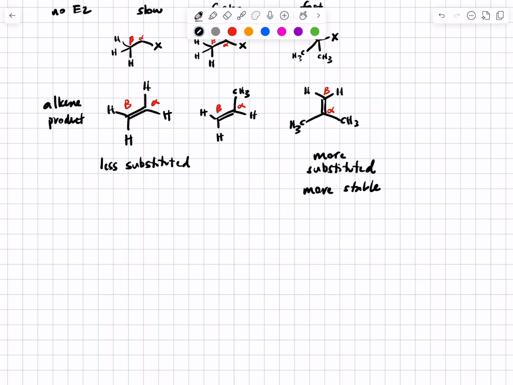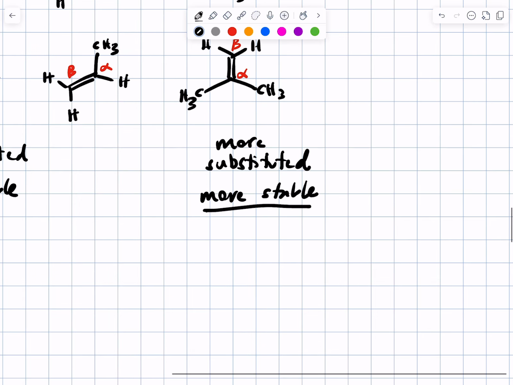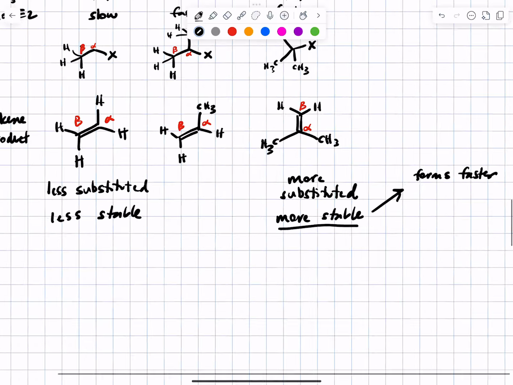And there's a reason for that which we won't talk about in any detail today, but that's a result that you could memorize. The more substituted alkene is more stable, and in the E2 reaction, the more stable alkene forms faster. And that's because the transition state involves a lot of alkene-like character. So the transition state leading to a more substituted alkene should be lower in energy and should form faster. Okay.